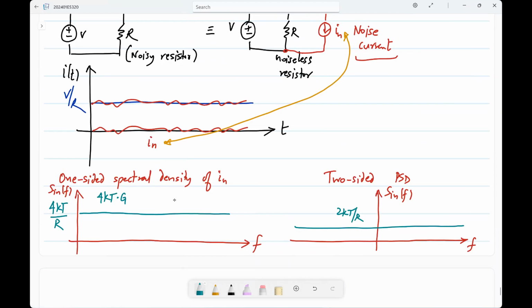And the spectral density is constant for all frequencies according to the model, and such a noise which has constant spectral density for all frequencies is called white noise. This means constant PSD for all frequencies. Okay. I mean, the term white comes from the color which has all the colors or all frequencies. Okay. Is this fine?